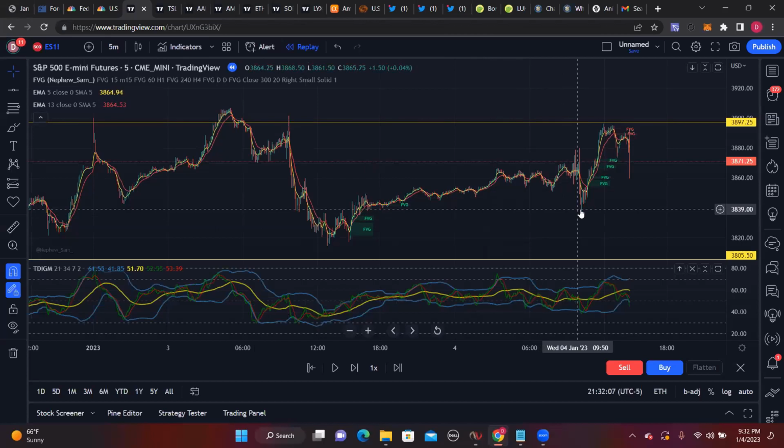So those are your key areas to look for your entries, versus what I see a lot of people doing. They just try to trade at any given point at any given time. And if you're in the middle of these zones, that's where typically you're going to get chopped up.